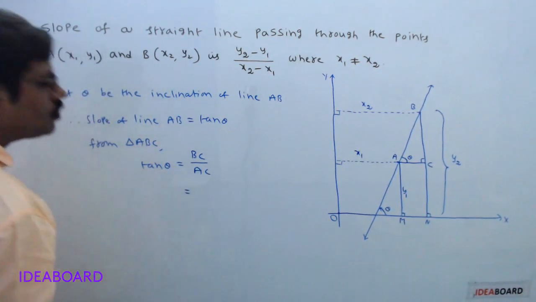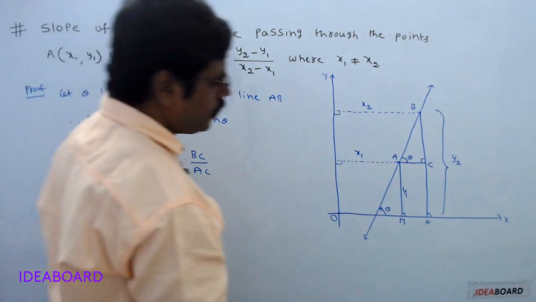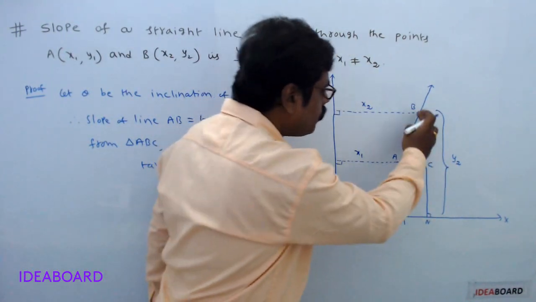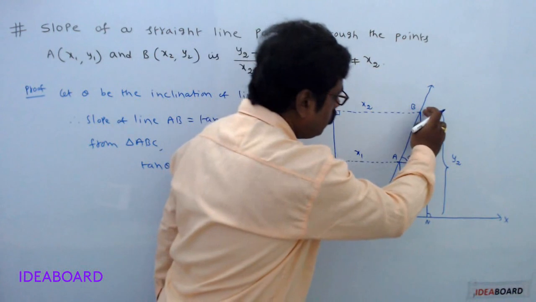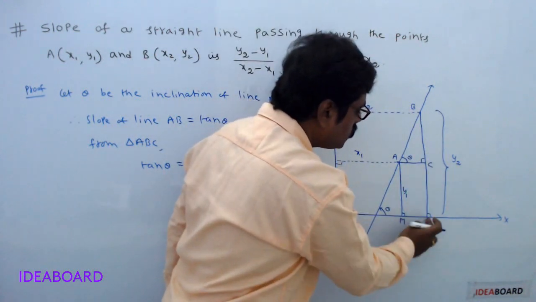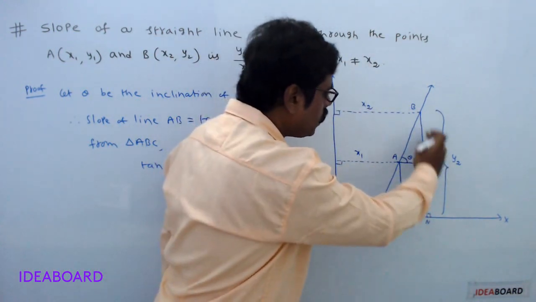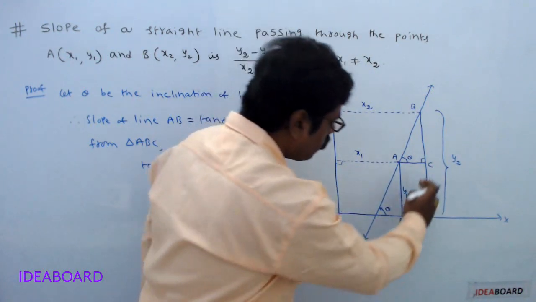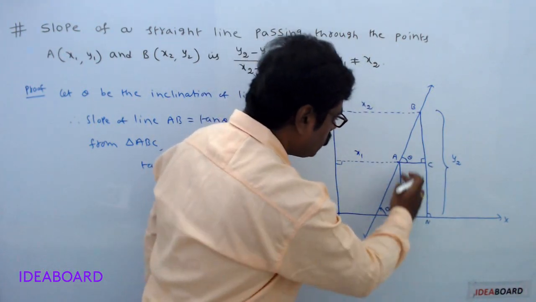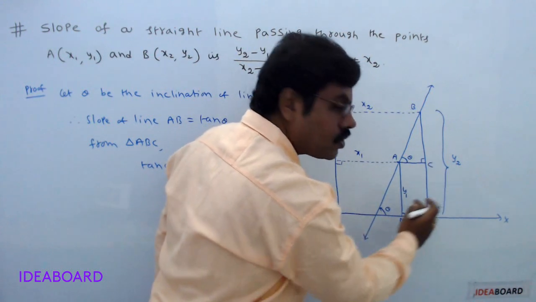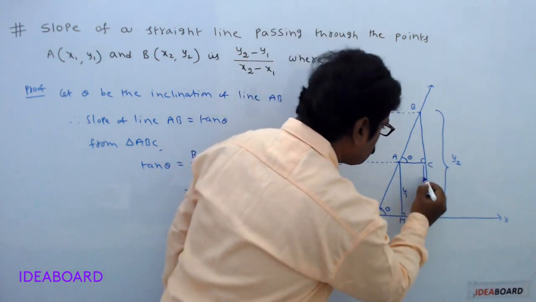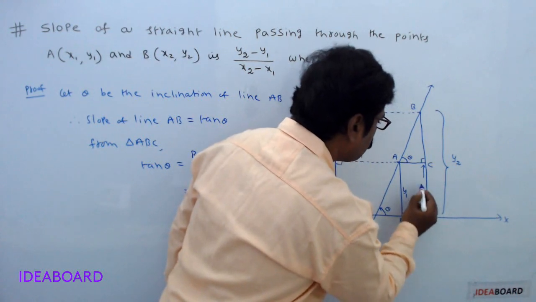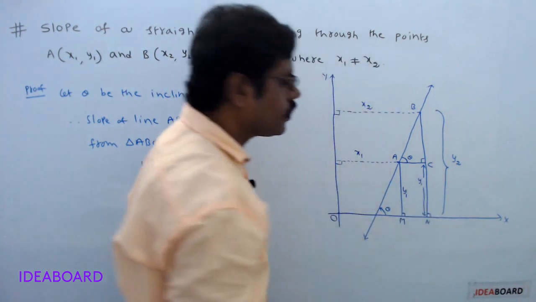Now see the diagram. This length value will be required. BC can be taken as BN minus CN. Here what is the value of CN? This length and this length are both equal, so the distance from C to N is also y1.